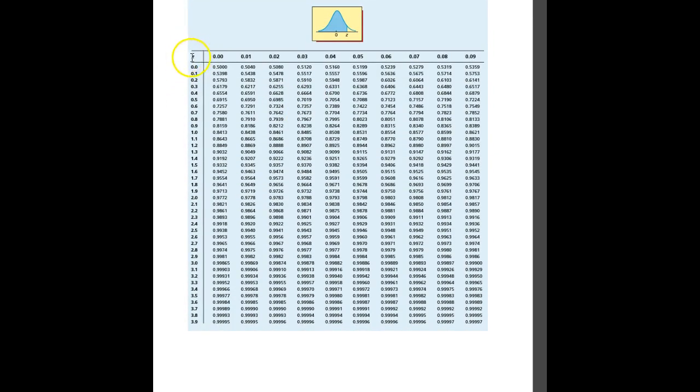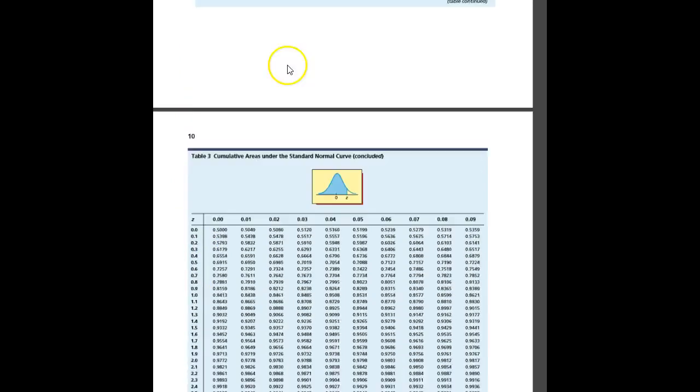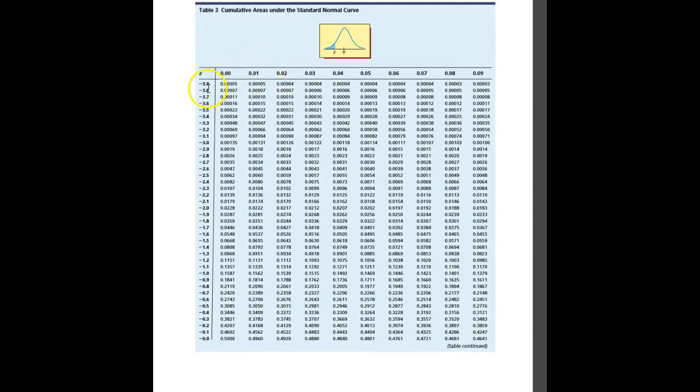We see the z numbers over here with all positive values, and here we see z-scores with all negative values. So these are not probabilities. The z-scores are not probabilities. The z-scores represent the number of standard deviations an observation or a point is away from the mean.